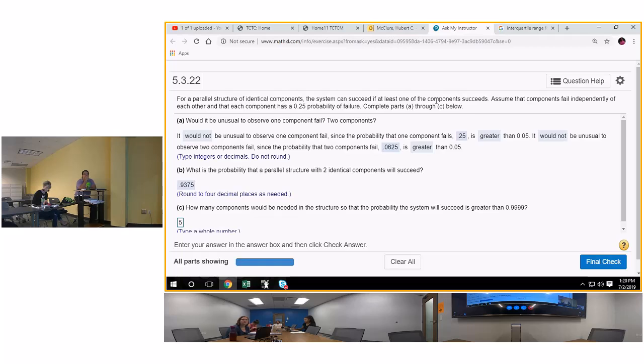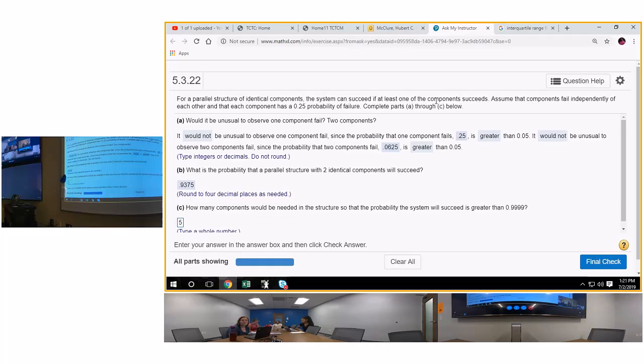How many components would be needed in the structure so that the probability of the system will succeed is greater than 0.9999? Well, you would have to find x. You would put x in for the variable, because you're multiplying.